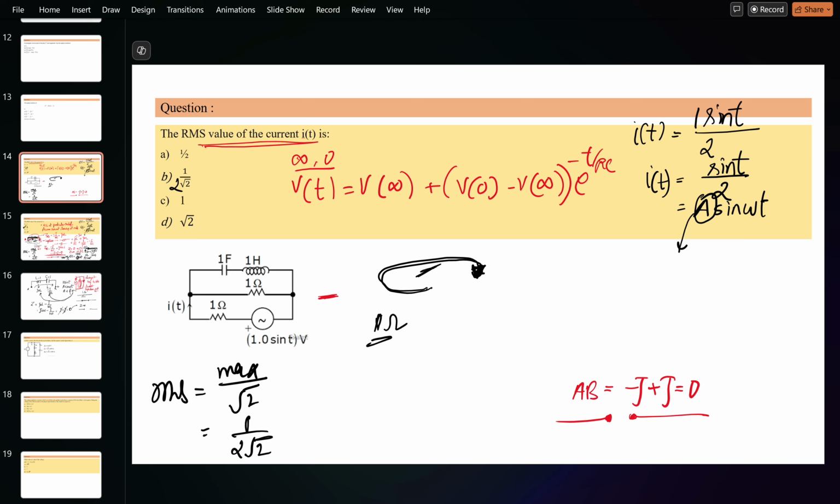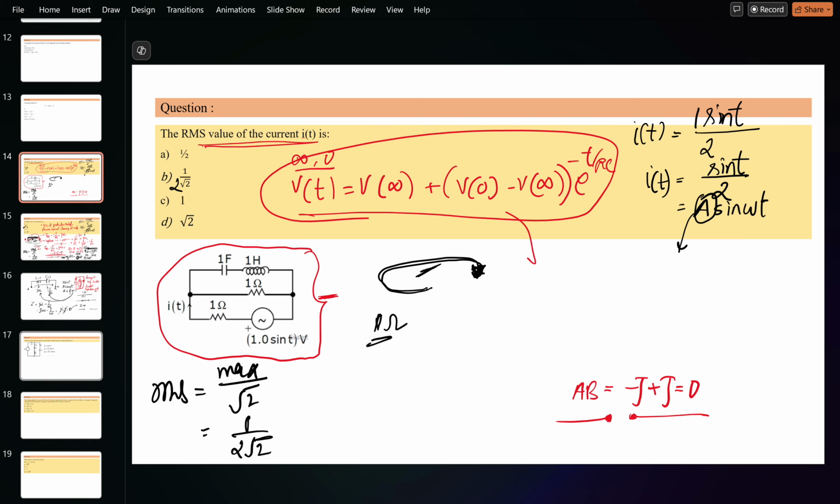No, here this is not a transient circuit. If you see, this is a steady state circuit. No, sir, I'm asking generally for that equation in the other problem. In that equation, yes. When you are finding the infinity values, then the inductor will be short circuited and the capacitor will be open circuited. That's true.